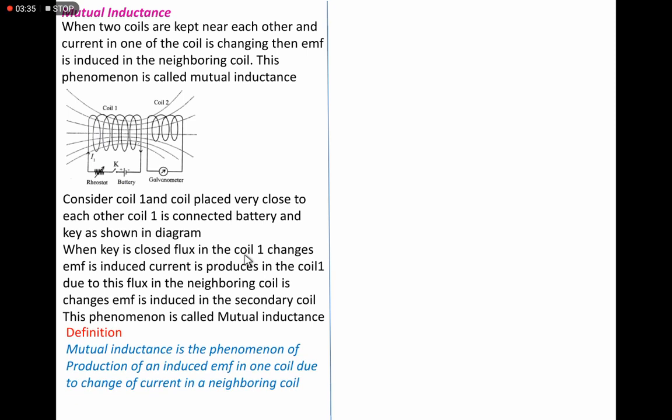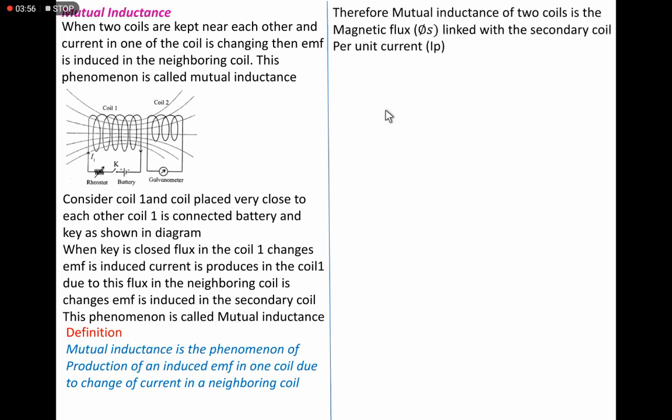So the definition of mutual inductance is: mutual inductance is the phenomenon of the production of an induced EMF in one coil due to change in current in the neighboring coil.